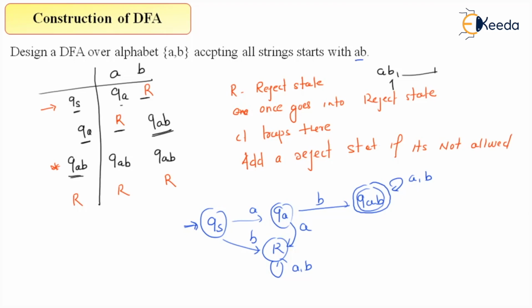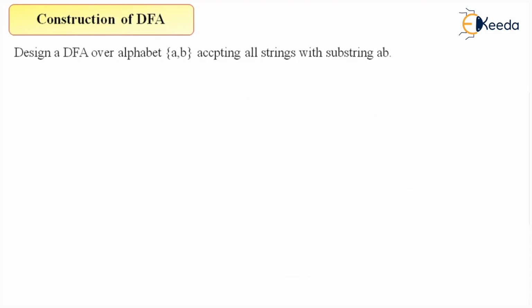Okay, this is the next part, and in this we are constructing a DFA which accepts all strings with substring AB, and the alphabet in this case is A and B only. So we want to accept all the strings with the substring AB, and we will design the DFA for this.